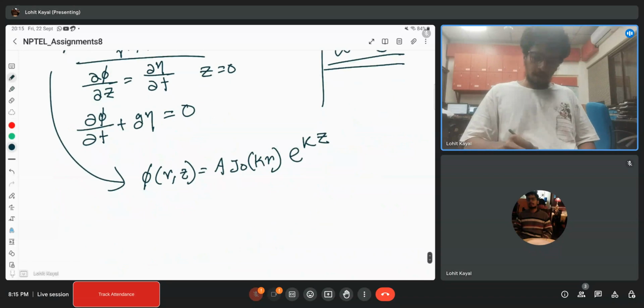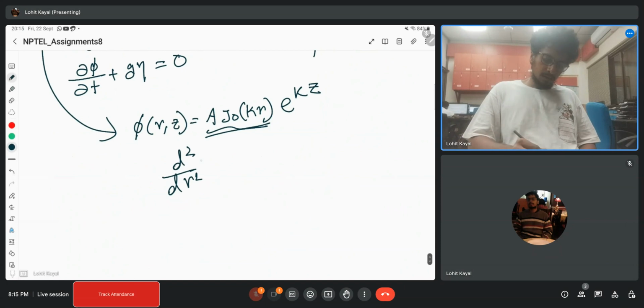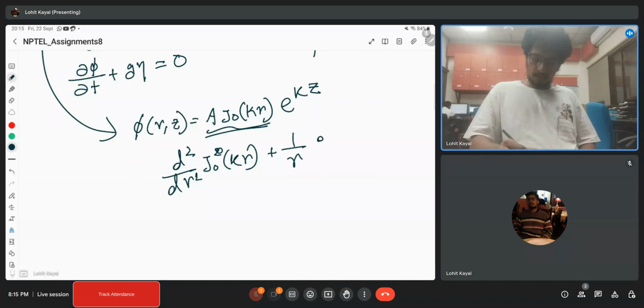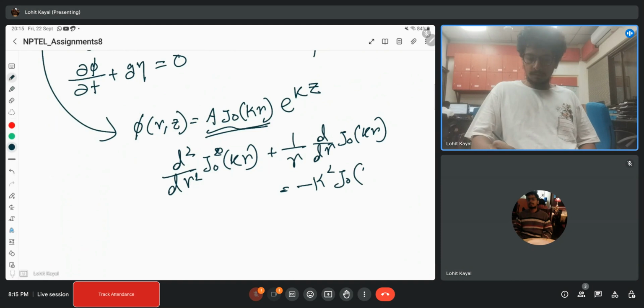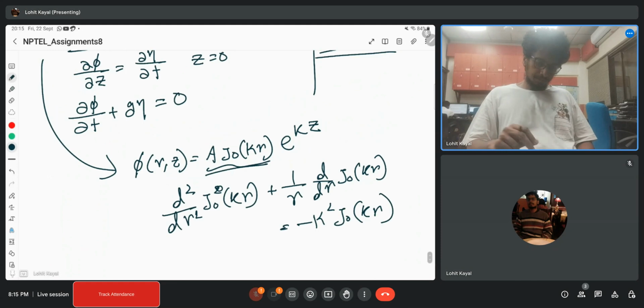Now you need to be acquainted with one property of this special function: d squared by dr squared of J0 kr plus 1 by r d by dr of J0 kr is equal to minus k squared J0 kr.